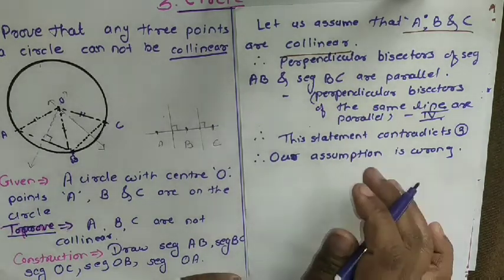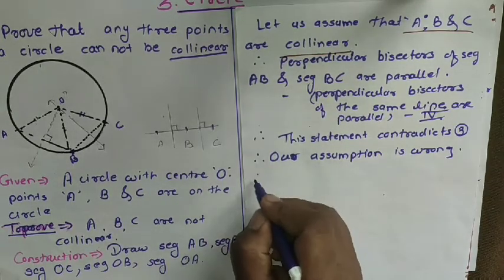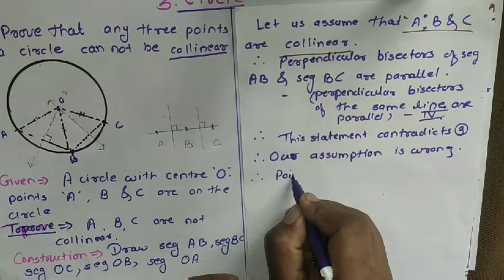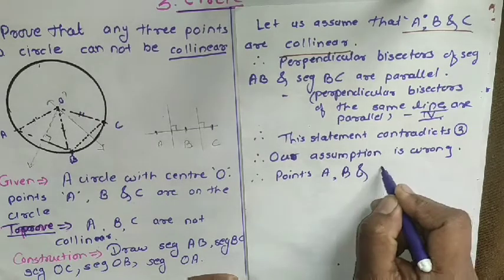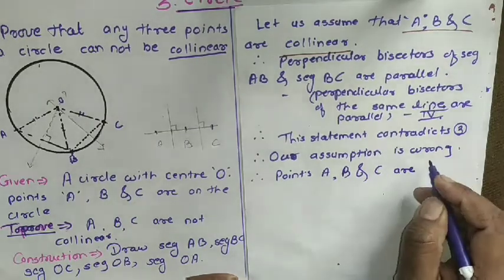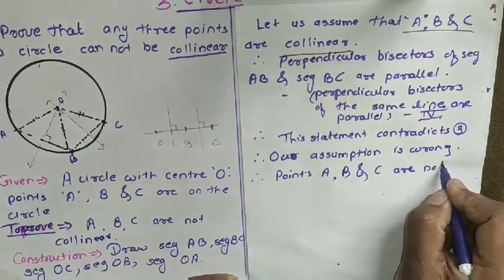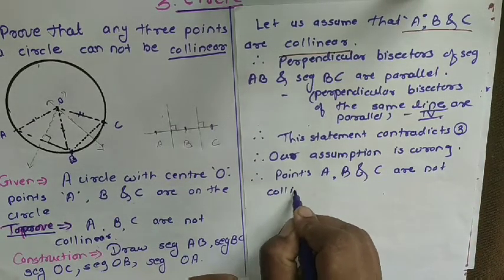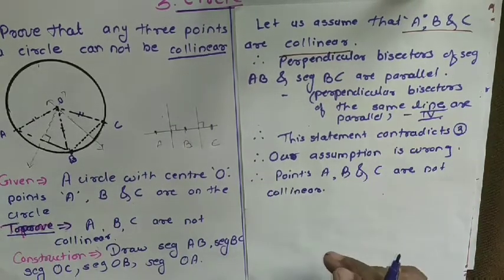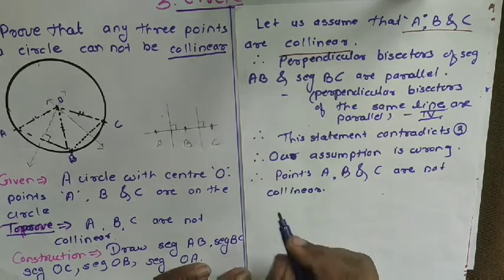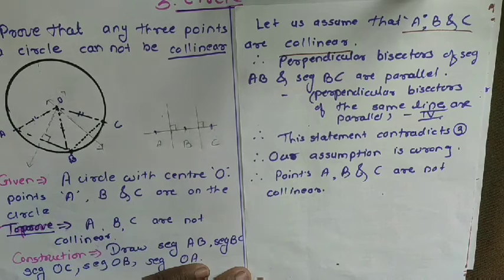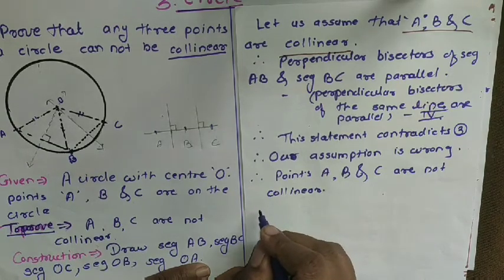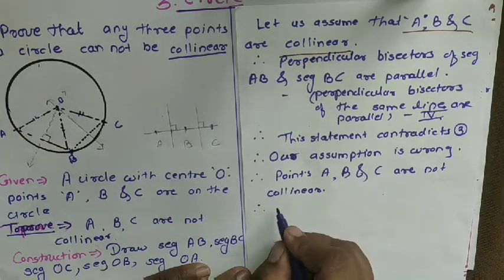Okay, now if it is wrong, then what is correct? Therefore points A, B and C are not collinear. That is the correct statement. And therefore, any 3 points on a circle are not collinear to each other, that we have to write.